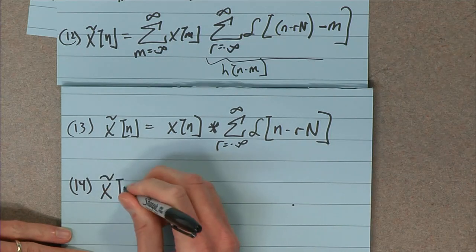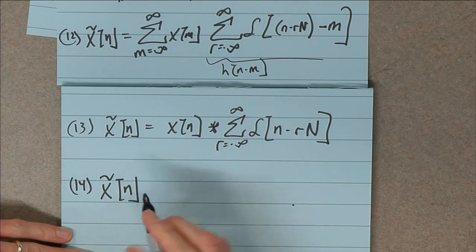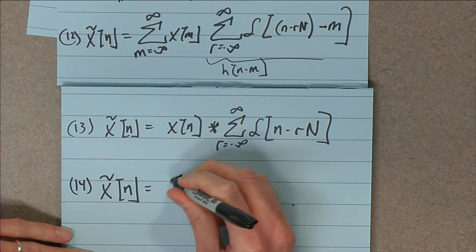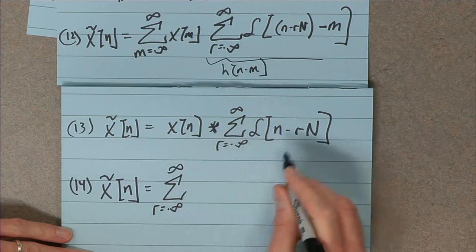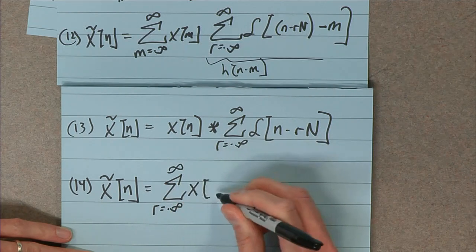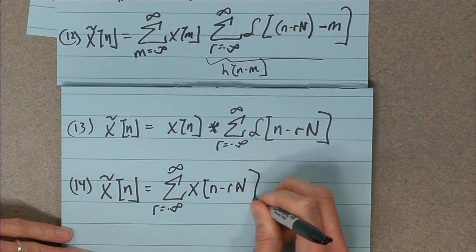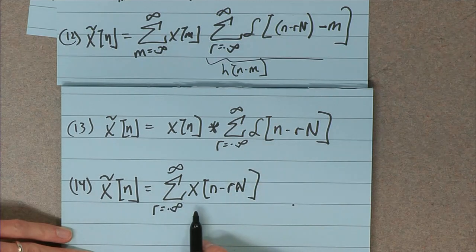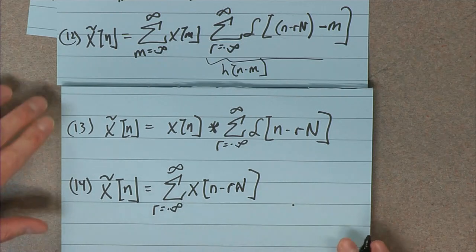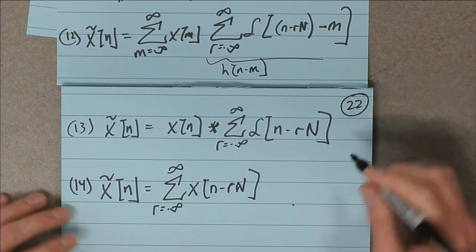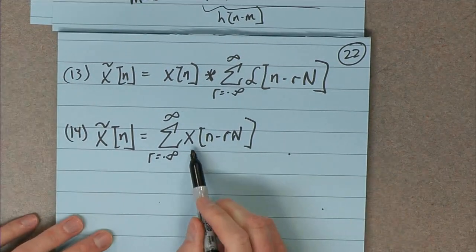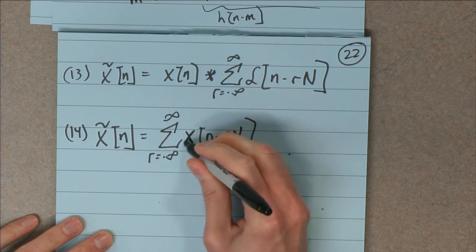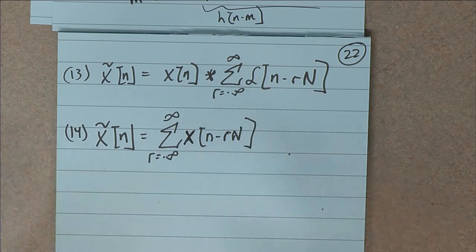And so the periodic version of x of n that we started with is what? It's an infinite summation of that one period of x of n over and over and over again. So we've reconstituted it, but it's basically a summation of versions of the non-periodic, right? Copied over and over again.